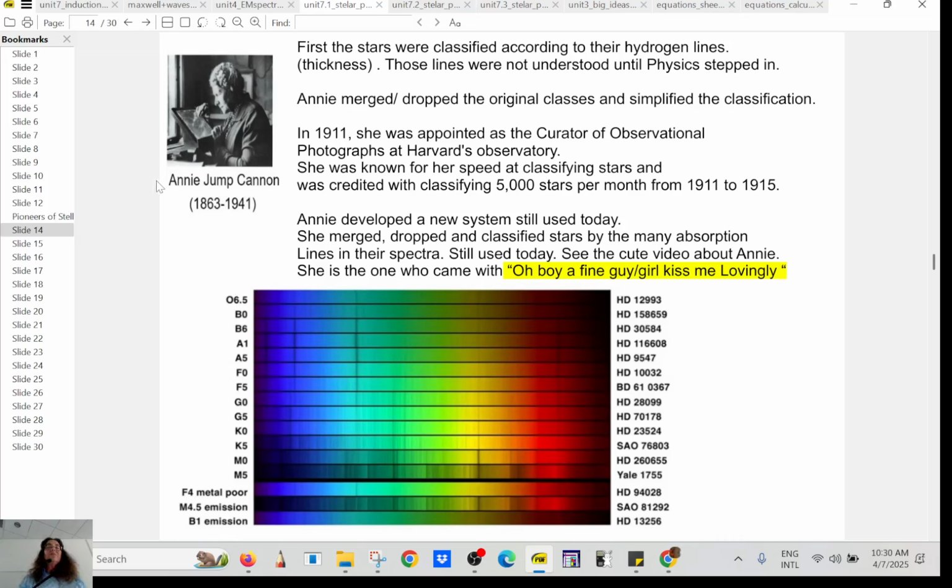Okay, and she was very famous because from 1911 to 1915, so only 4 years, she was able to classify 5,000 stars.